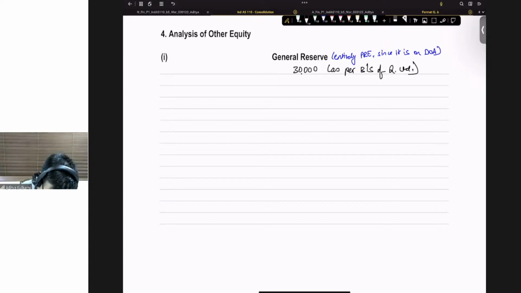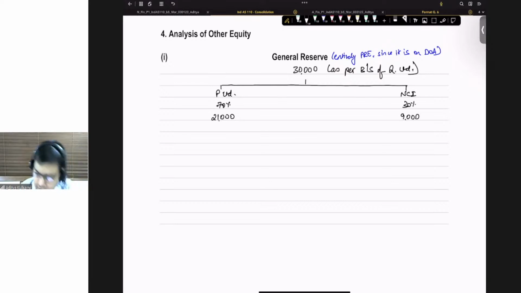Okay, so with this you just have to split it between the parent and the NCI. In what ratio? 70%, 30%. So this gives you 21,000. This gives you 9,000. Where am I going to record this?